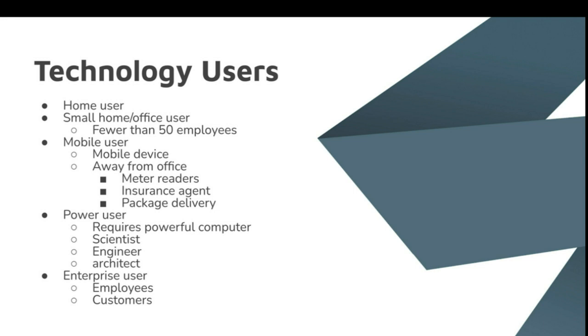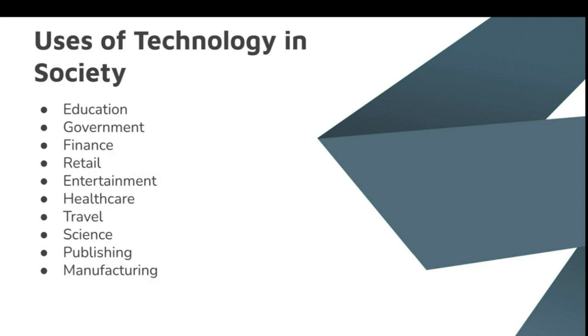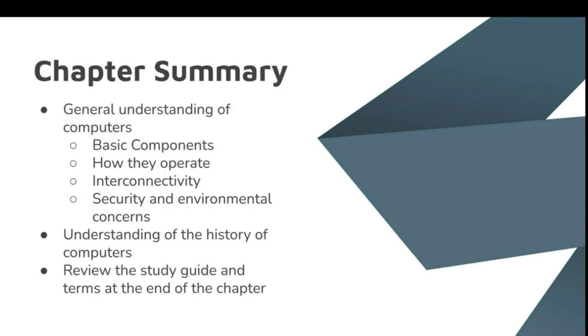But they break them up into these categories: a home user; a small home office user, fewer than 50 employees; a mobile user; a power user, that would be a scientist, engineer, architect, somebody who needs a more powerful computer; and an enterprise user, and they define that as any employees and customers. So any business type of contractual agreement. I'm going backwards again.